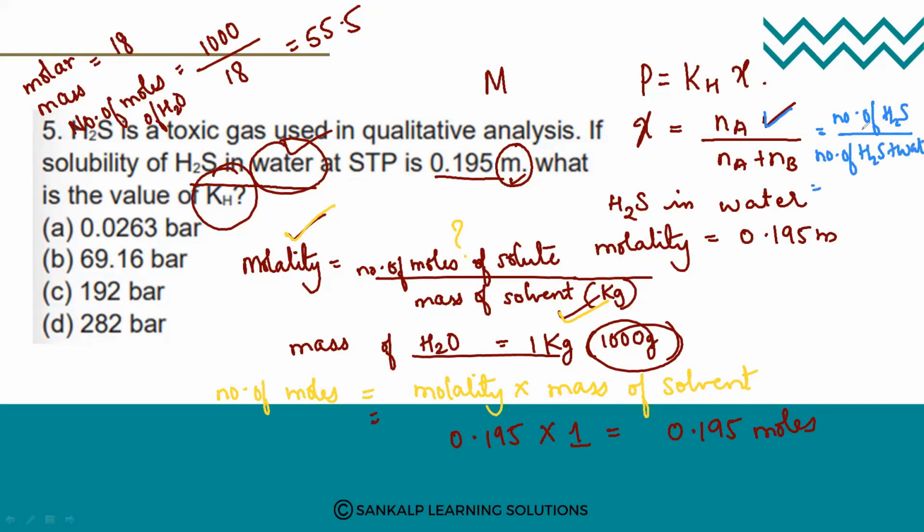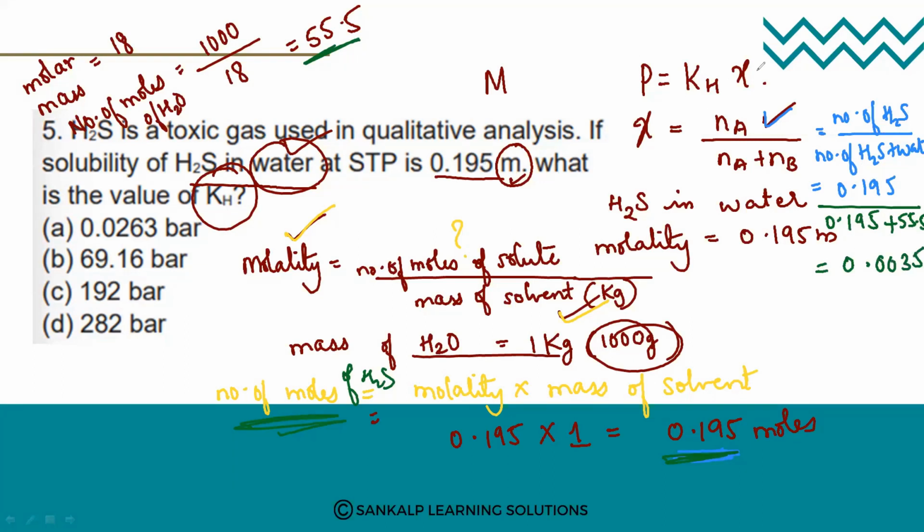The number of moles of H2S we have found out here, it is 0.195. So it is 0.195 divided by 0.195 plus the number of moles of water, 55.5. What will be the answer? This will come to 0.0035. So this is the mole fraction.